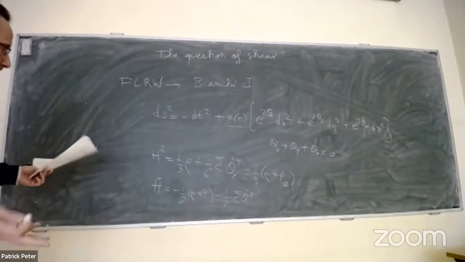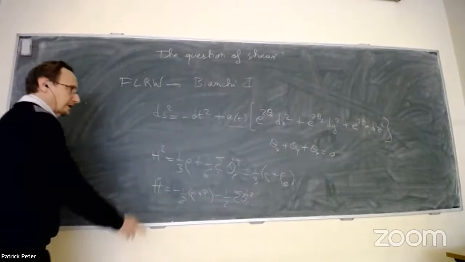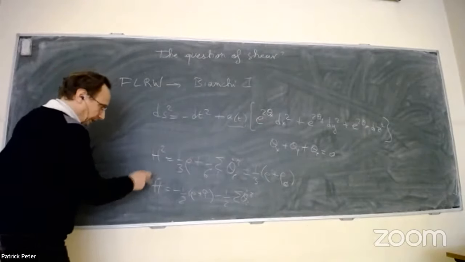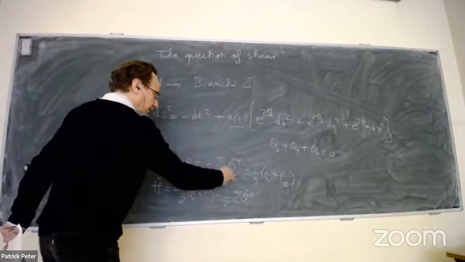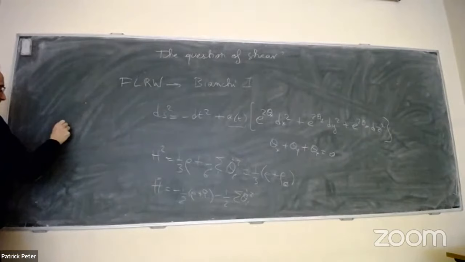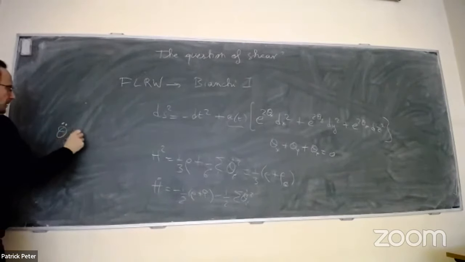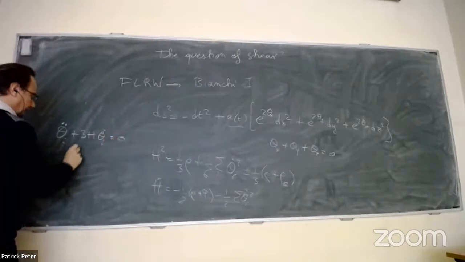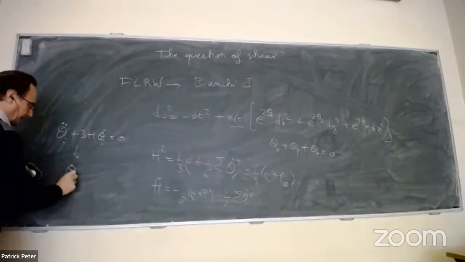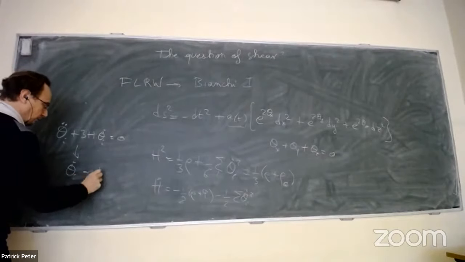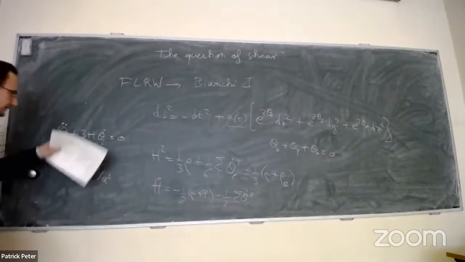And now you have two options. Either you differentiate that with respect to time and compare with this one, and you end up with an equation for theta i, which is theta i double dot plus 3H theta i dot equals 0, and that is telling you that theta i dot is proportional to 1 over a cubed, right?